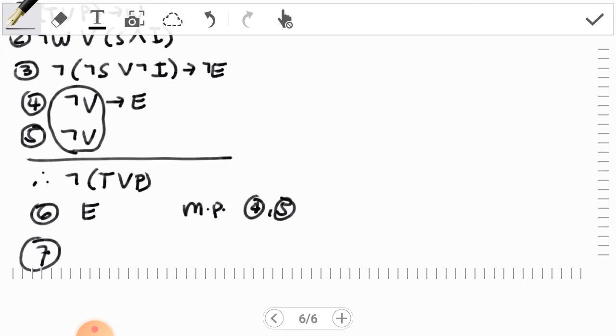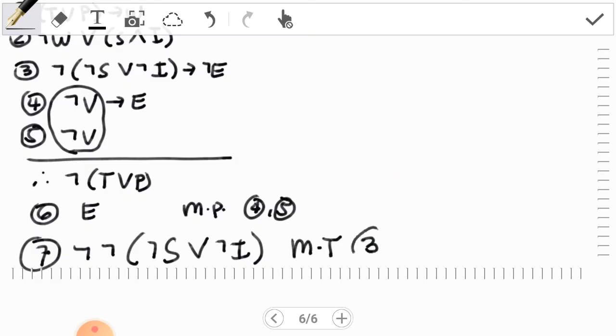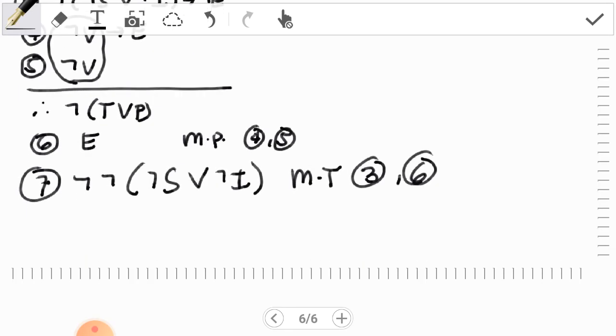So there is already a negation there. So you have not S, or not I. This is modus tollens of line number 3 and line number 6.